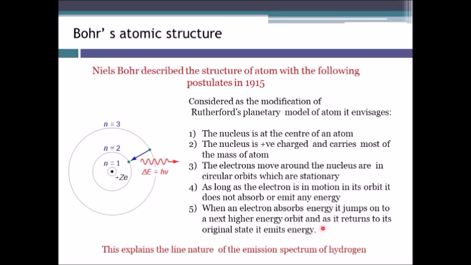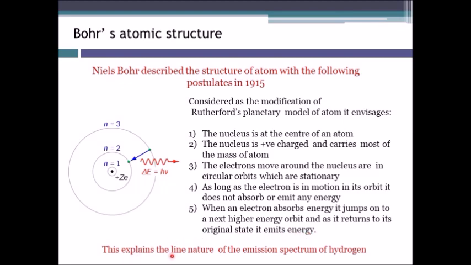So the question arises, why should it return? Because it is unstable with a high amount of energy in the higher energy state or the higher energy orbit, and therefore it would try to regain its stability by coming back to its original state, and in the process it would emit energy.